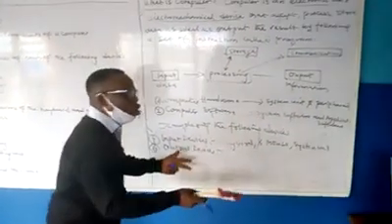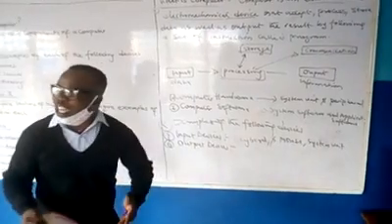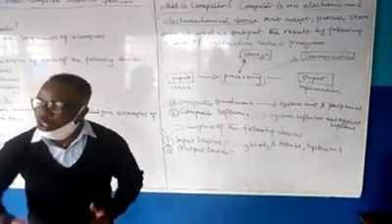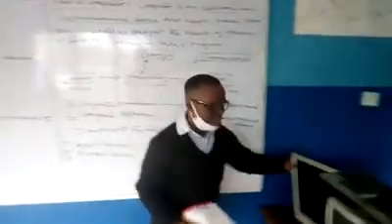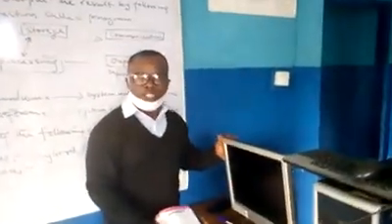And what do you now call the monitor? The monitor could be seen as what? Output device. So look at the monitor here. It's like a television. So whatever you key in through the keyboard, the system unit will process it because inside the system unit you have a central processing unit.